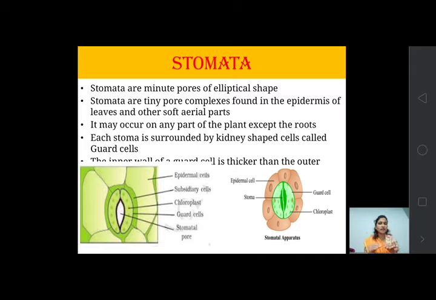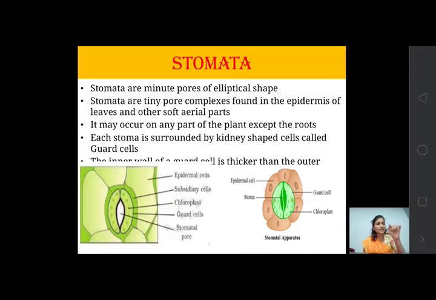Now in the second picture, the stomatal aperture picture, there are brown colored cells surrounding the guard cells. These brown colored structures are specialized epidermal cells.